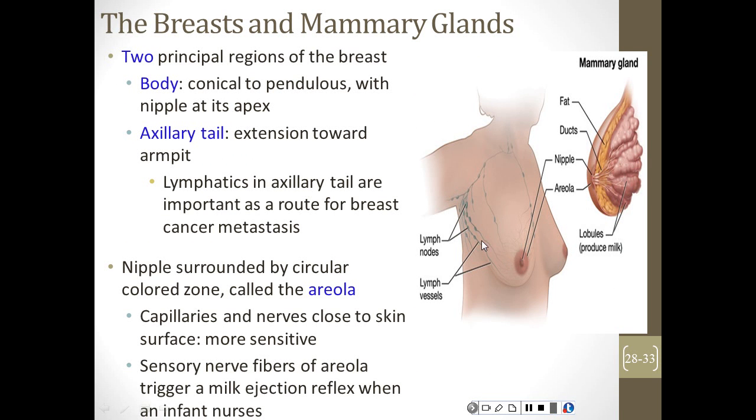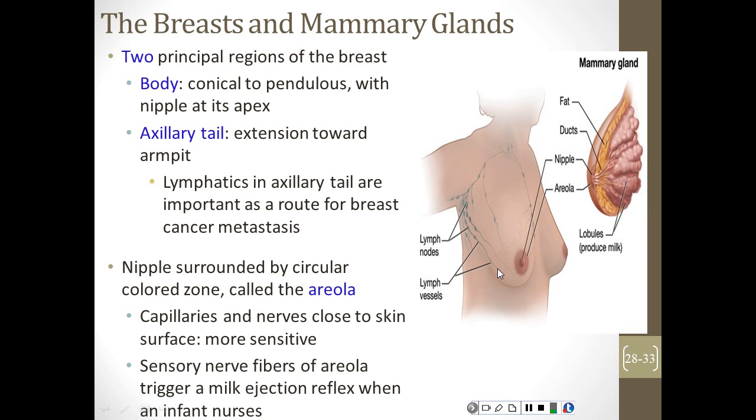So this is the axillary region, and this is the body. Okay, and we do have lymphatics, as you see here, these little lymph nodes. We do have lymphatics of the axillary tail. There may be a route of breast cancer metastases.